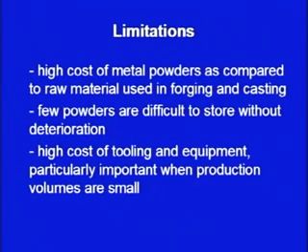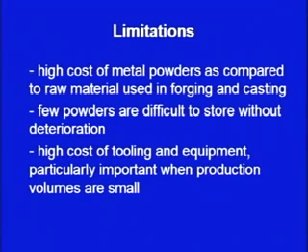Despite having so many application areas and so many advantages, there are certain limitations that are typical to the process of powder metallurgy. So, what are these limitations? High cost of metal powders as compared to raw material used in forging and casting.